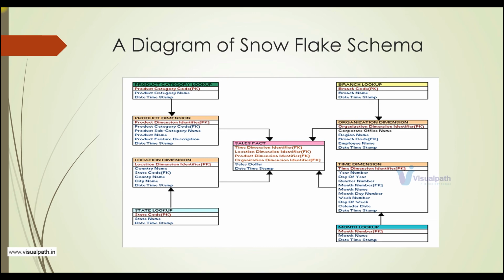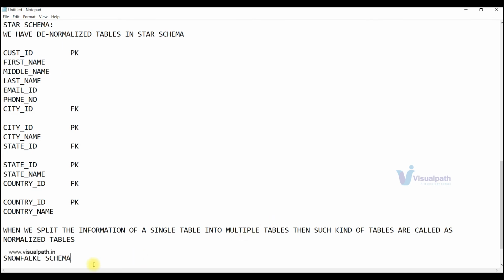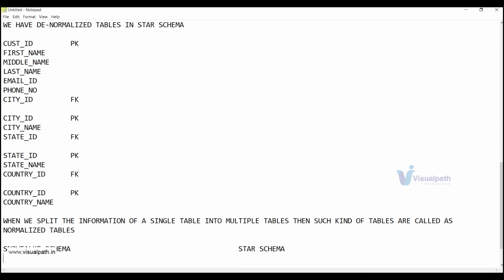Okay, so let's see the differences between star schema and Snowflake schema. So this is Snowflake schema, and I would write star schema here. What is the first point?